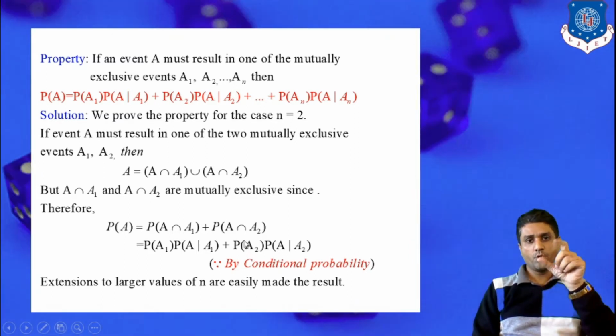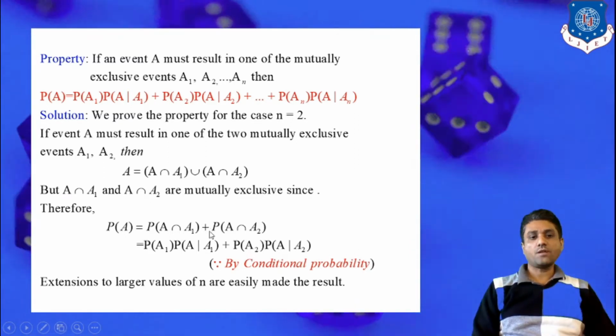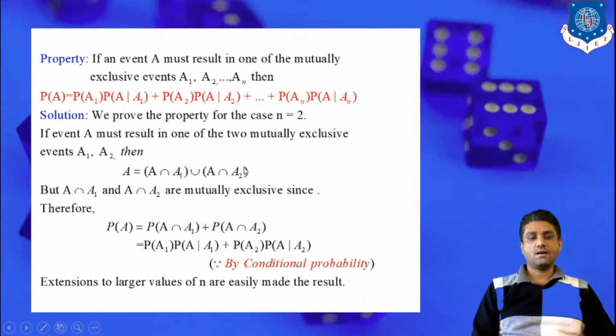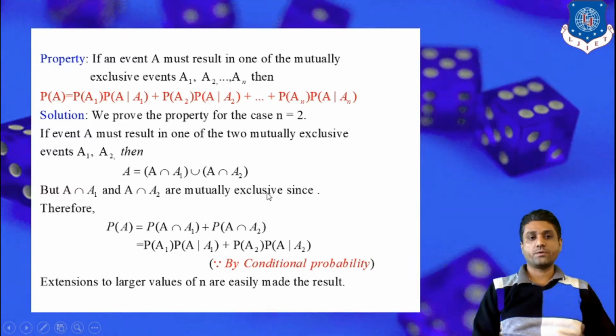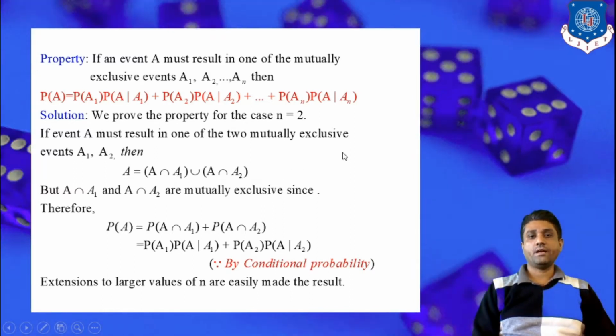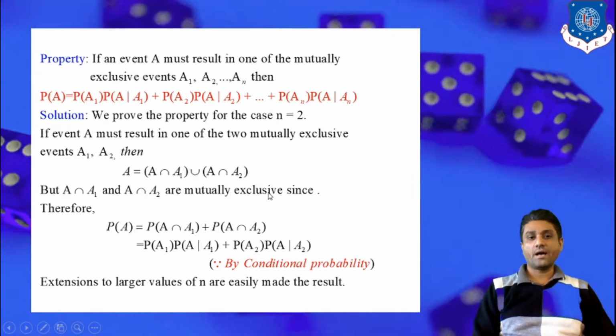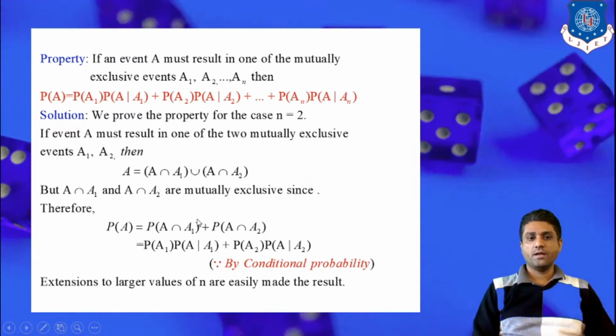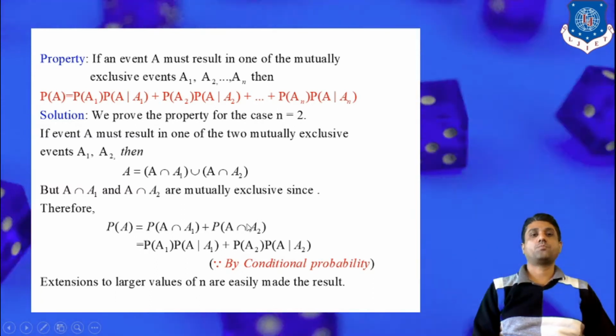Here we use the basic concept that when the experiments are mutually exclusive, the probability of the union of A and B is probability of A plus probability of B.